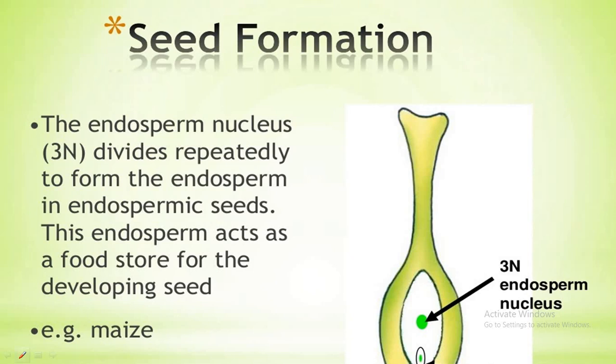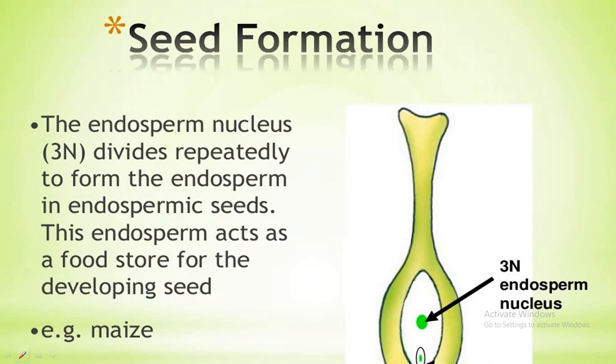The micropyle remains as a small opening on the seed coat which facilitates the entry of water and oxygen into the seed. As the seeds mature, their water content is reduced and seeds become relatively dry, 10 to 15% moisture by mass.